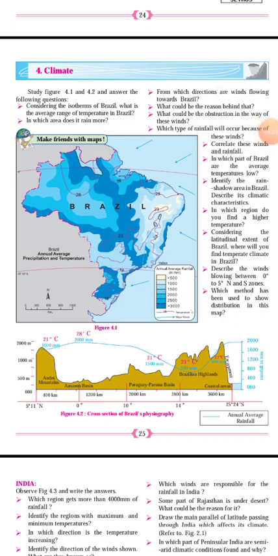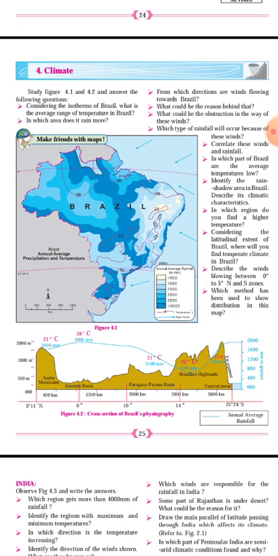Now come to the third question. From which directions are winds flowing towards Brazil? See, children, can you see the right side of Brazil, that is southeast and northeast? Can you see blue arrows?